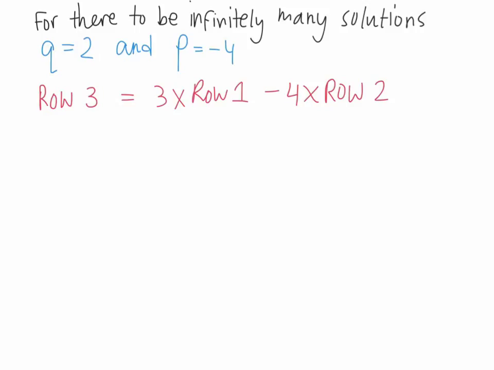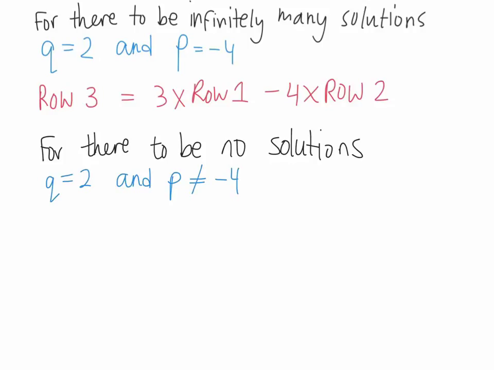In this case, we found out that row 3, or equation 3, is actually equal to 3 lots of equation 1 minus 4 lots of equation 2. So row 3 equals 3 times row 1 minus 4 times row 2. And that's only the case when Q equals 2 and P equals -4.